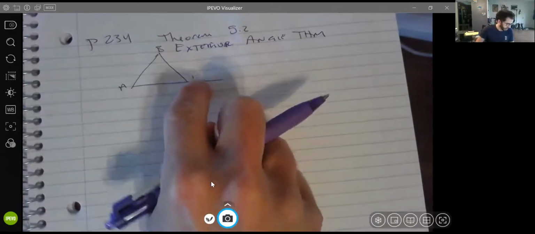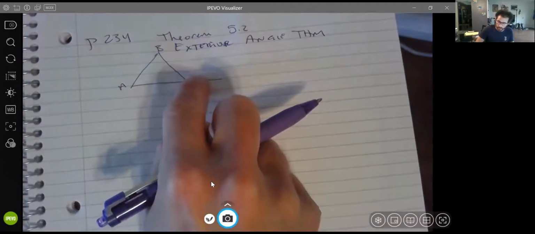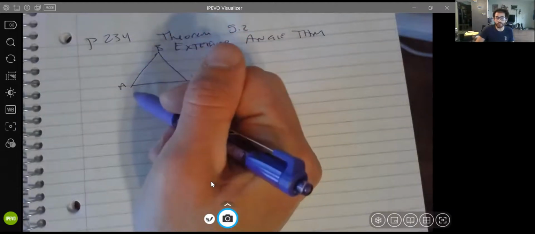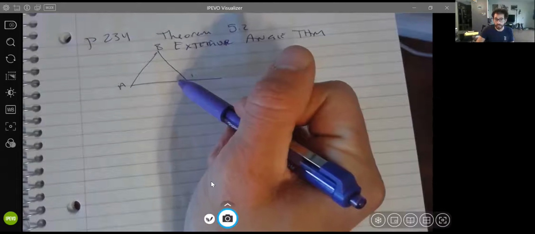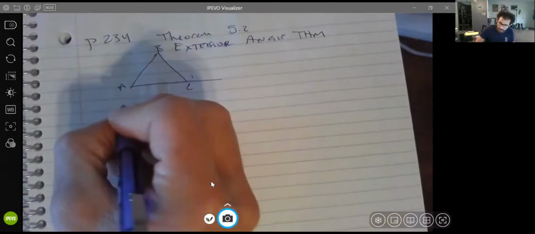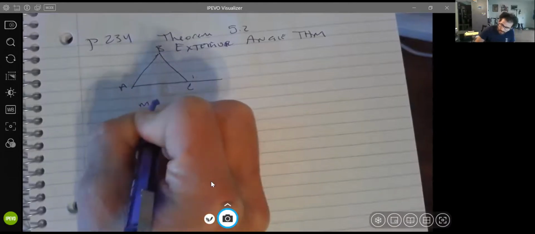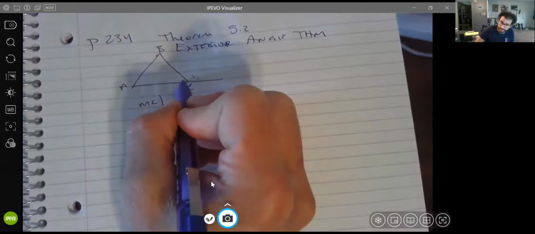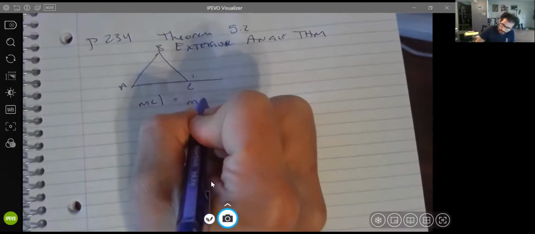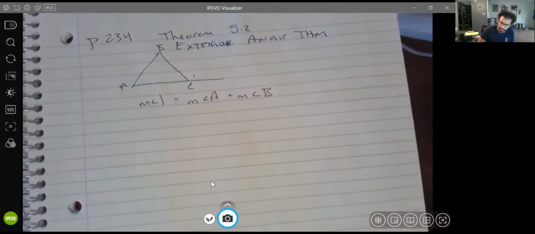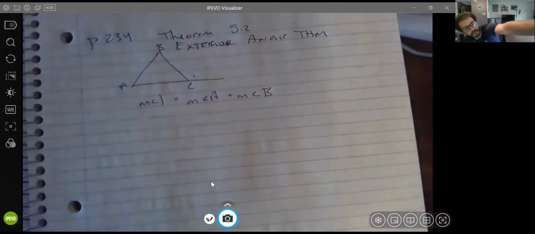The exterior angle is going to be equal to the sum of the other two angles that aren't adjacent, non-adjacent, the other two angles that it's not touching. So in other words, the measure of angle 1 is going to be equal to, touching angle C, interior angle C, the measure of angle A plus the measure of angle B. In fact, let me get my highlighter out.